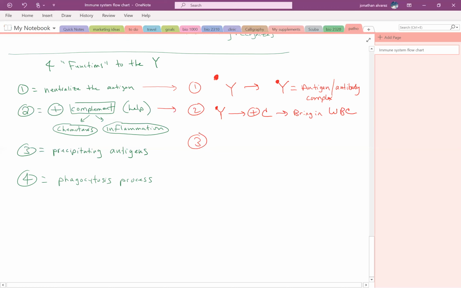With the precipitating of the antigens, there's an antigen, there's one. What happens is these Y-shaped proteins start to bind to the antigens. So numerous antibodies bind to the same antigen. This is called a cross-link.